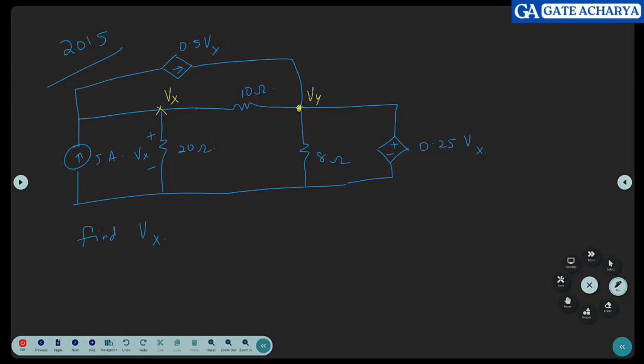So you already know what is Vy. What is Vy? 0.25 Vx. So this is a voltage source, no? So you already know the voltage. Of course, dependent. Here there is no voltage source connected. So you don't know the voltage you are trying to find.